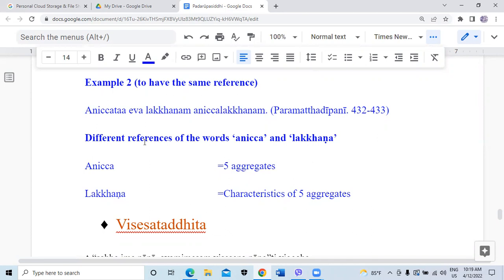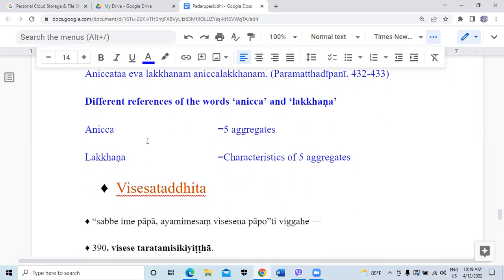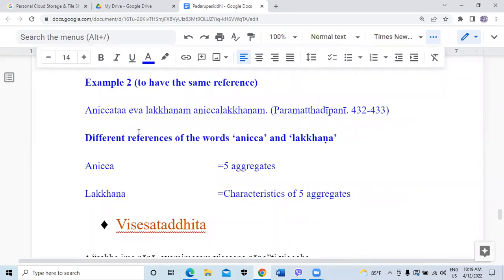So if we say anicca eva lakkhana, anicca lakkhana, or if we say aniccata eva lakkhana, anicca lakkhana, which is correct?